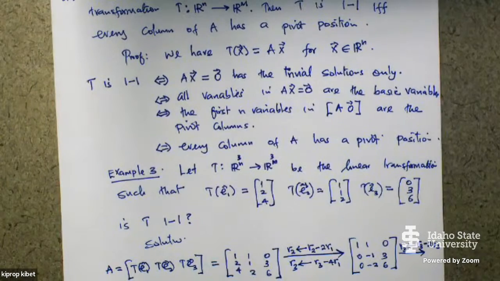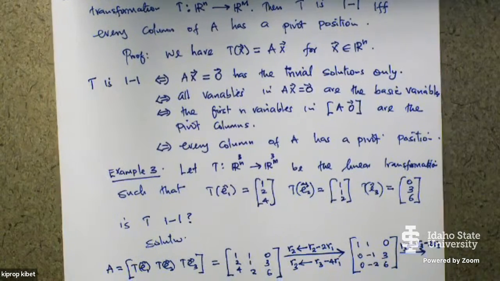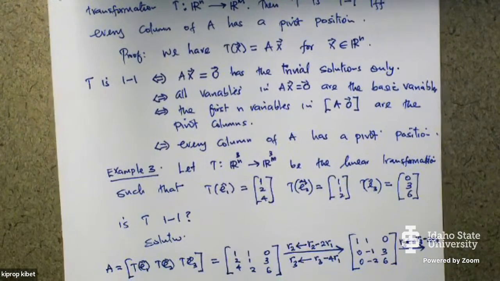So finally, what we get there is 1, 1, 0, then 0, negative 1, 3, and then finally 0, 0, 0.